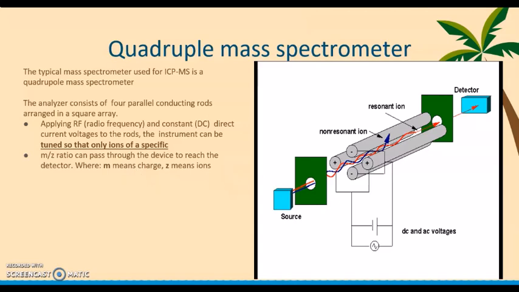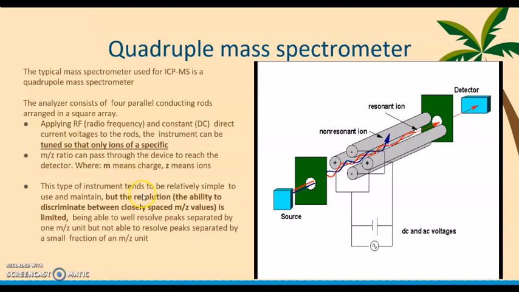So, it may pass through the detector. And again, ito po yung ating pong ratio na kinukuha. Yung ating pong M, which is the mass, and Z, this is your ion. Diba?